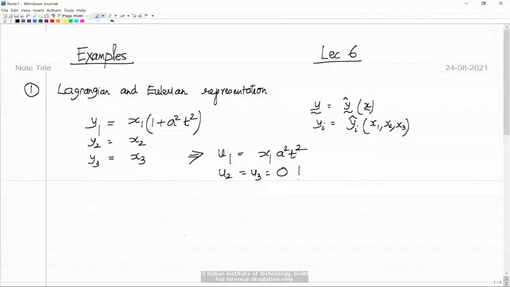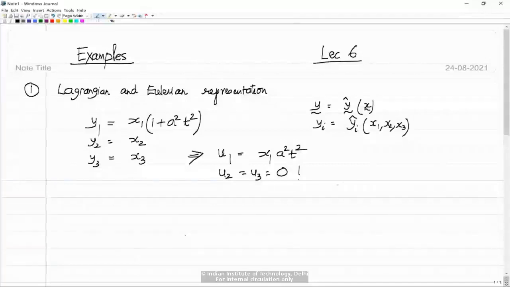So now you can see that it's indeed a one-dimensional displacement example. And as you increase x1, the displacement is getting proportional to x1, right? At x1 equal to 0, displacement is equal to 0.